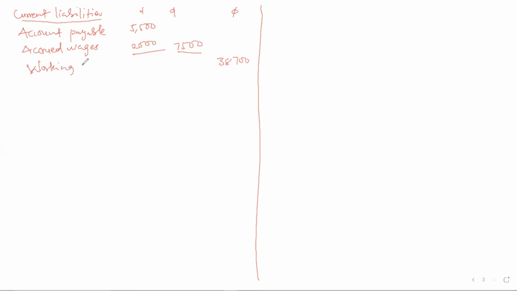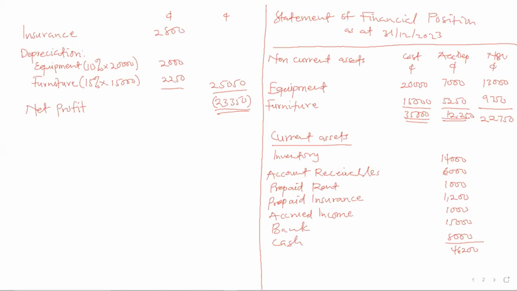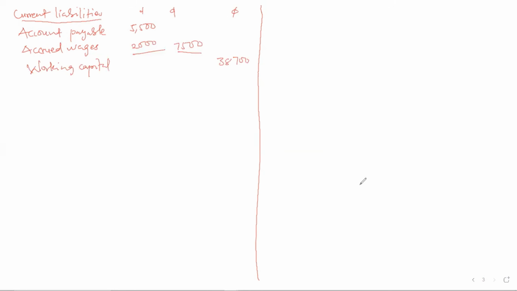So we add our working capital to our non-current assets. We add this amount to our non-current assets to get 61,450. And we are done. So this one is assets minus liabilities.